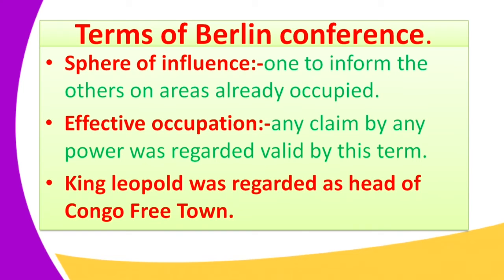The Niger Basin was partitioned between the British and France. So this partitioning of Africa was made possible because of the Berlin Conference, which made King Leopold II occupy the Congo Free State.